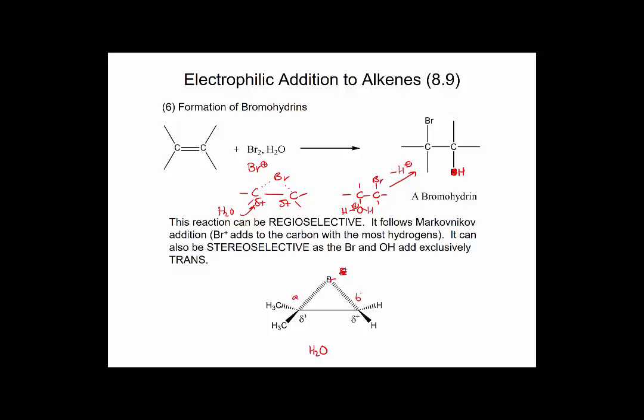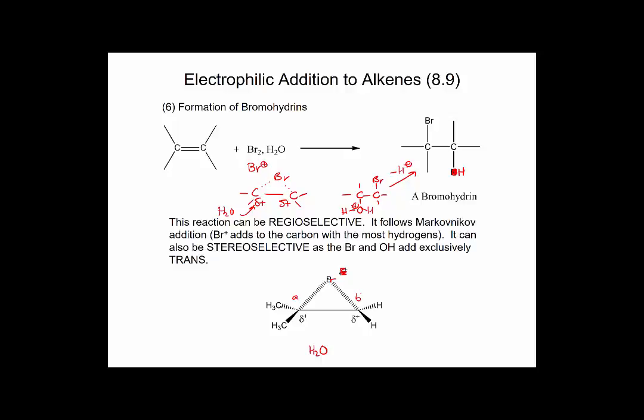The Br plus, it's over there. The water comes in, it's going to add to the carbon with the most delta plus charge, which is A, because in this case it's the same molecule I just gave you, which is tertiary. So the bromohydrin reaction is exactly like the mercuration demercuration, which is kind of like the Br2 addition.